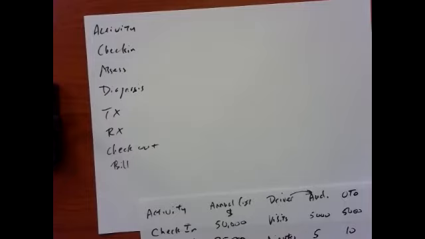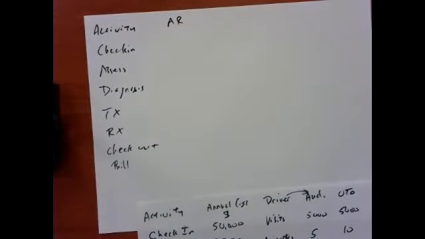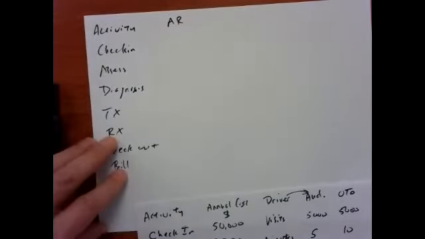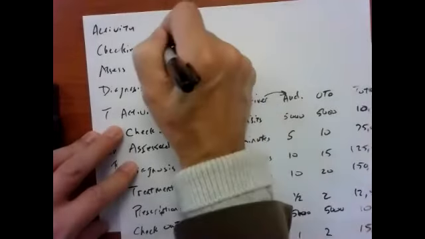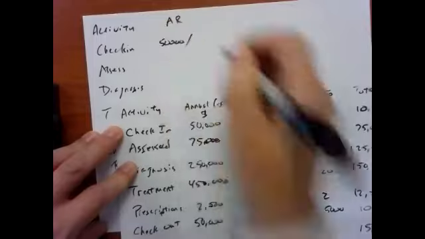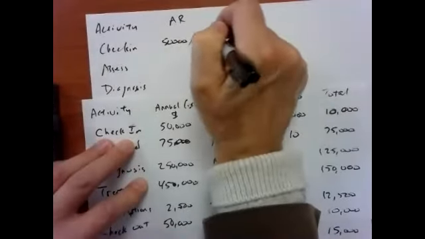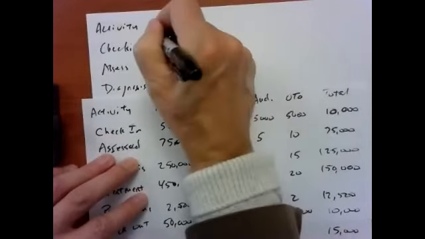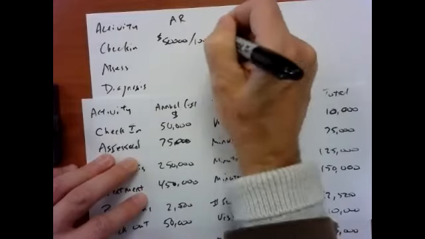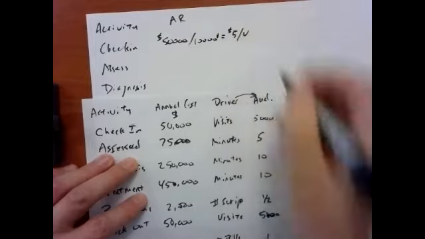Okay, so now what we want to do is calculate the rate, the allocation rate. So we said check-in cost was 50,000 divided by the total cost driver, which is 10,000, gives us, so this is dollars per visit, right? So that gives us $5 per visit.